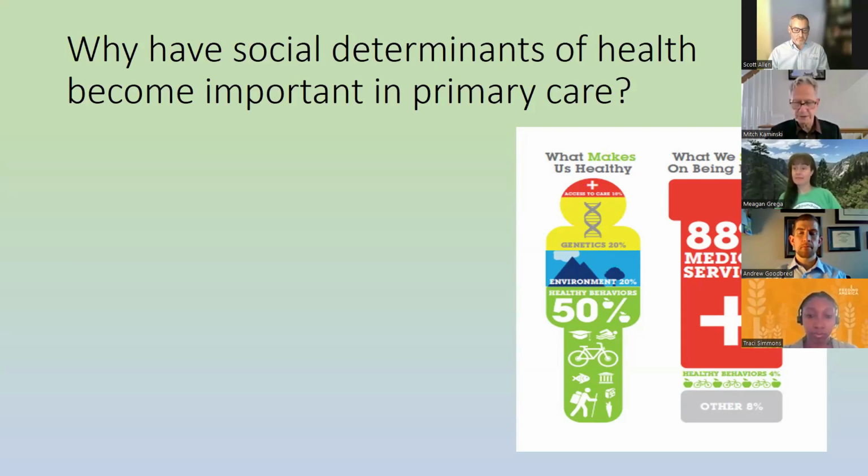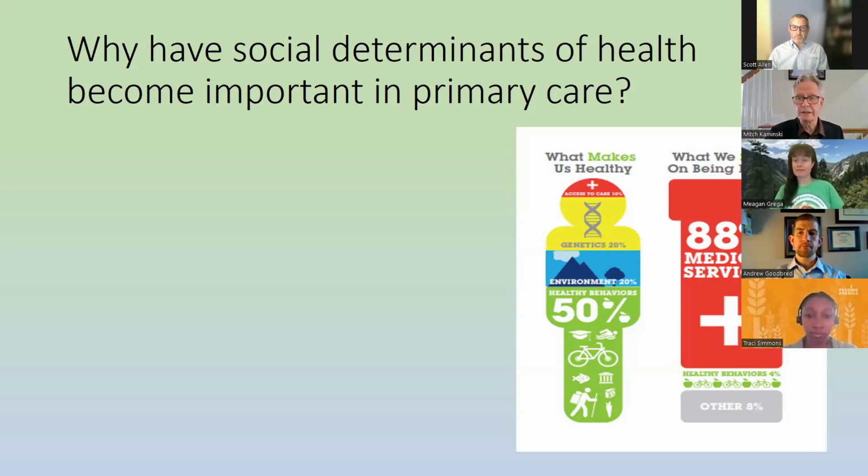So why have social determinants become more important in primary care? Well, this one picture shows you that, of what makes us healthy, medical care accounts for only 10 to 20% of what makes us healthy and prolongs our lives.